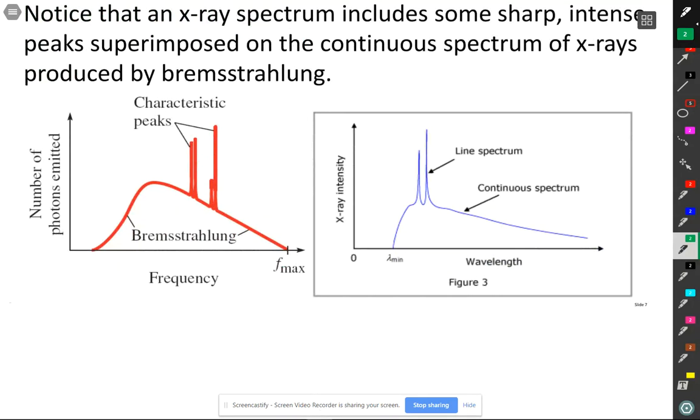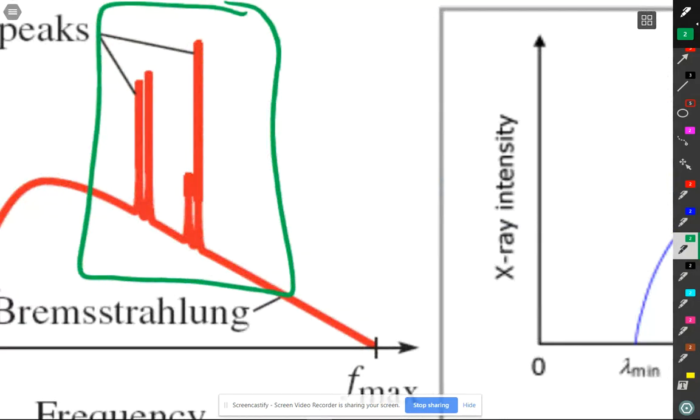Here's more pictures I put in for the characteristic peaks. Assuming one of these is K and one is L, which one would be which? Which set would be the Ks?